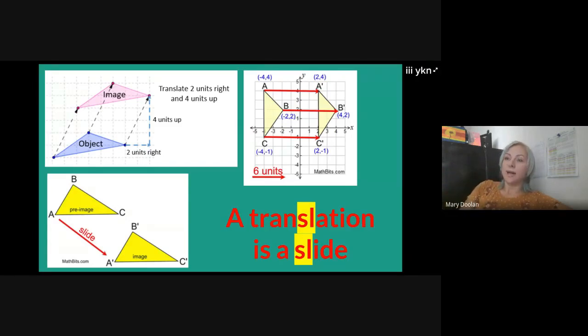The last image on the right, with the lighter yellow triangles and the red arrows, is just a single movement of 6 units to the right. Every point, every vertex of your plane figure, is moving exactly 6 units to the right.